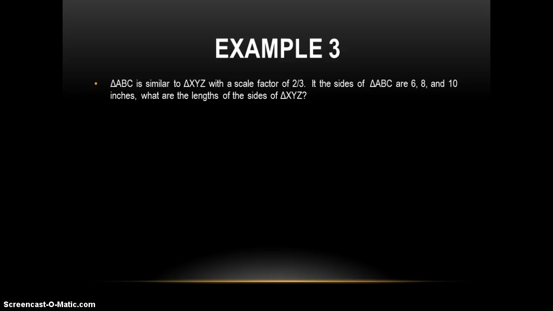Example 3. Triangle ABC is similar to triangle XYZ with a scale factor of 2 over 3. The sides of triangle ABC are 6, 8, and 10 inches, which are the lengths of the sides of triangle XYZ. Step 1, we set up proportions.